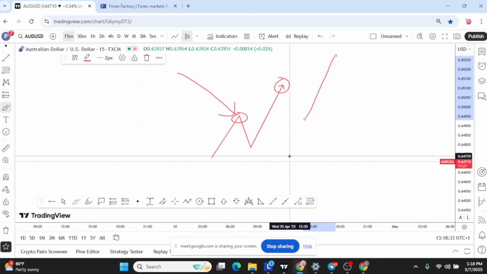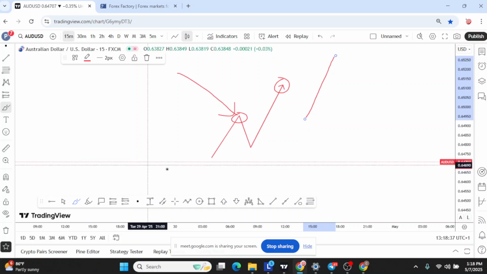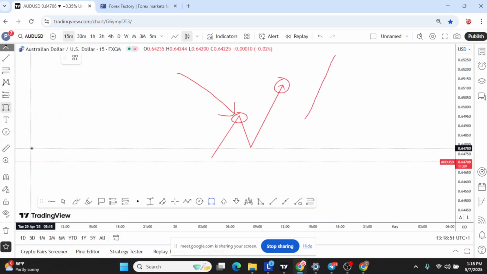Then we can take a trade in that market direction. So what you want to do here, now you'll be making use of your rectangle tool on your TradingView charts. Where you get that is here, option 6 from all the tools that you have at your left hand side here. You click on this and then click on rectangle.